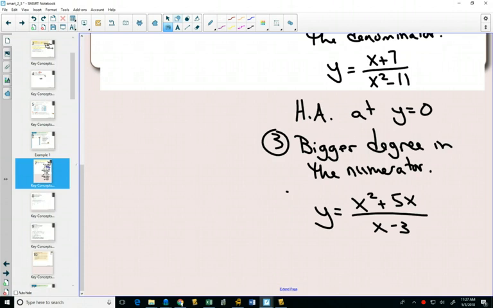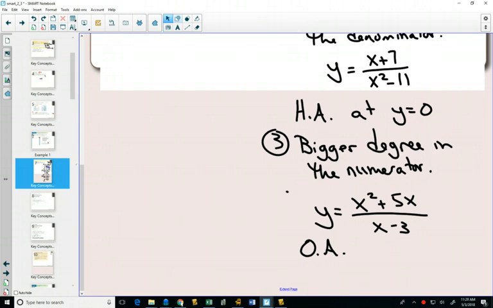In a situation like this, we're going to get an oblique asymptote. Now remember from example 1 that we wrote out all the steps for graphing. Horizontal asymptotes and oblique asymptotes is step 2. You always complete step 1 first.